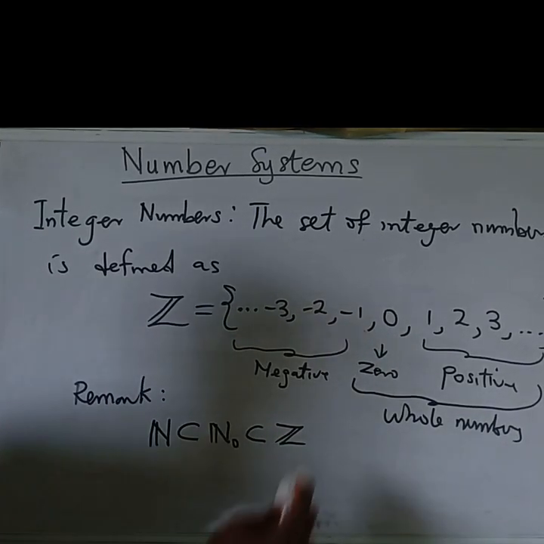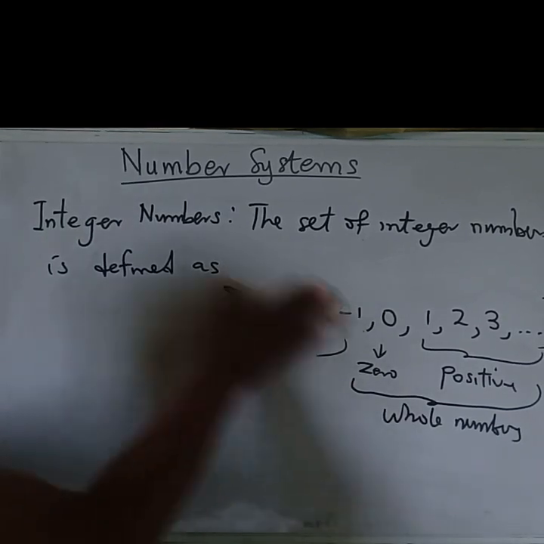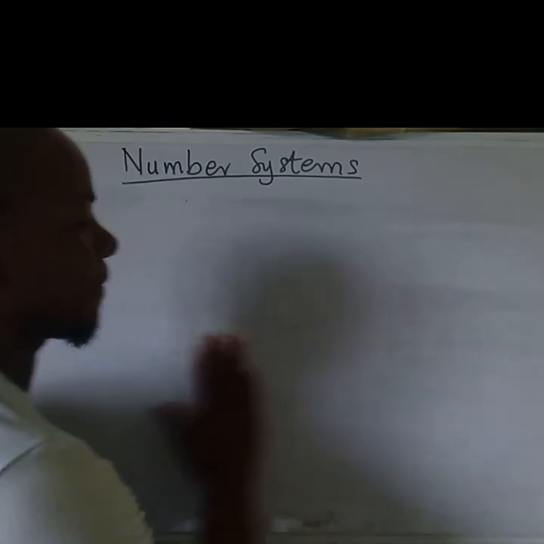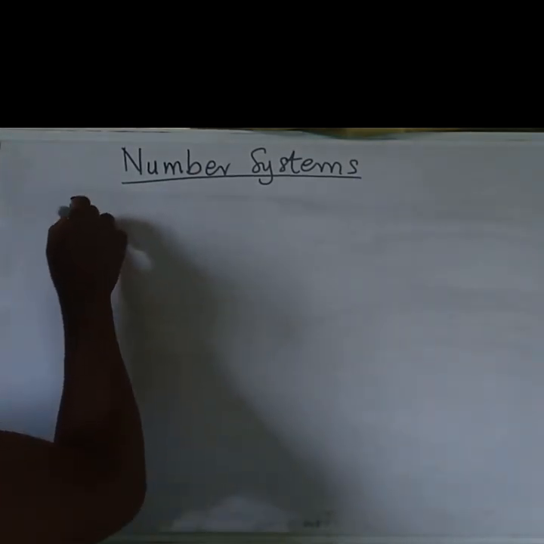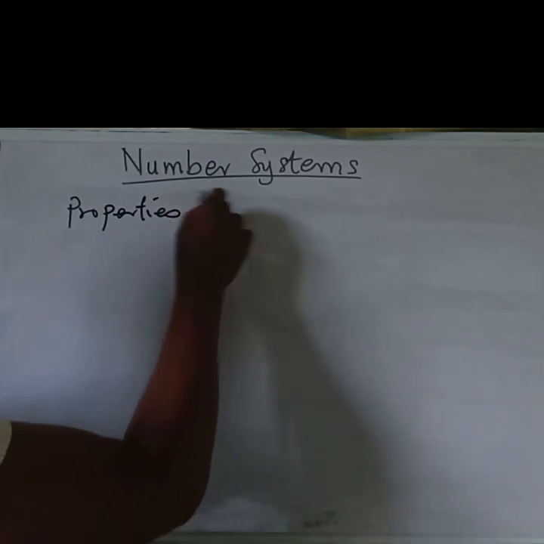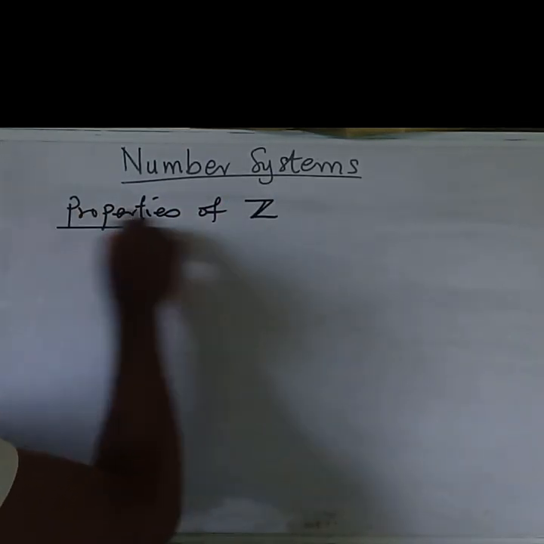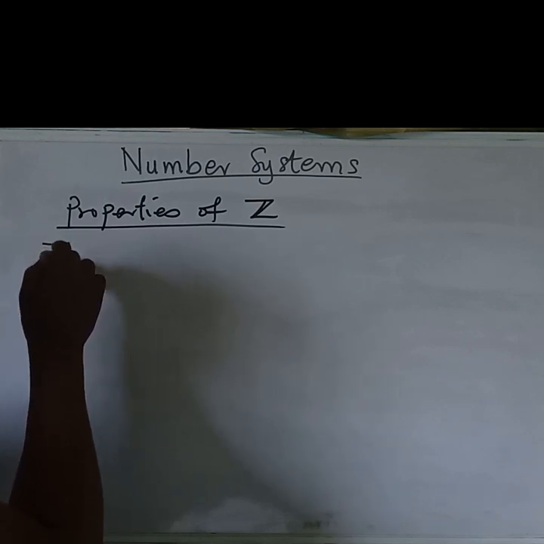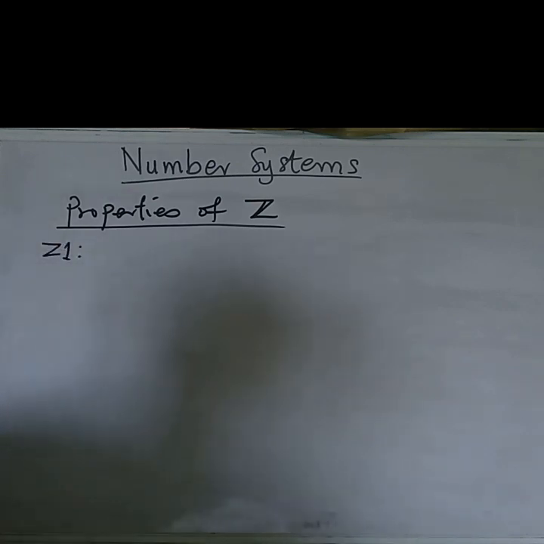So we'll now make this more elaborate. Properties. We'll call this Z1, the first property of the integer numbers.